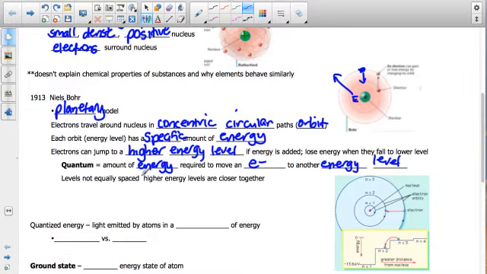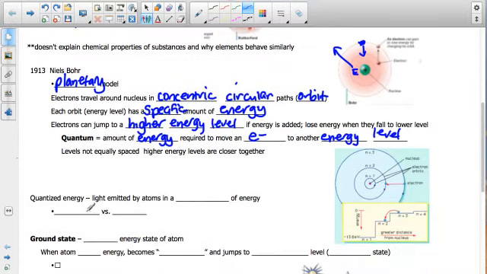Another point to his model is the idea that energy is quantized. What that means is that light is emitted by atoms in a specific packet of energy. If something's quantized, it's very specific. For example, stairs. If you think about the stairs downstairs by the chapel, I can walk up the stairs and I can only stop at a very specific point.